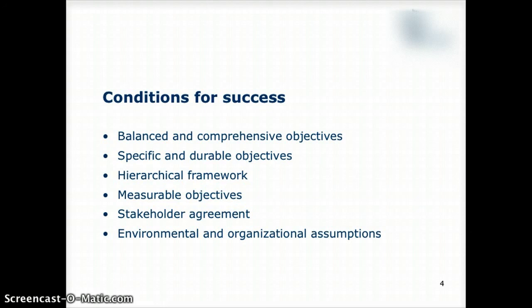It can't just be objectives surrounding one of the areas we do business in, because then by definition the portfolio is going to be unbalanced, right? It needs to cover all aspects of our daily business life. And it needs to be specific and, more importantly, durable objectives. Since this is something that's rather long term, these objectives are going to change over time, but they have to stand the test of time in the short time frame at least.